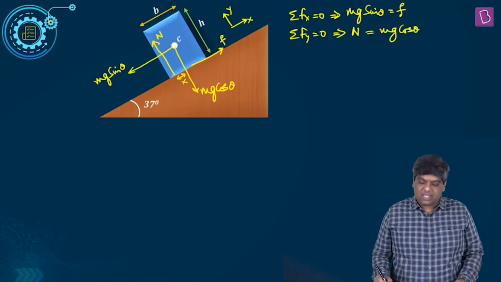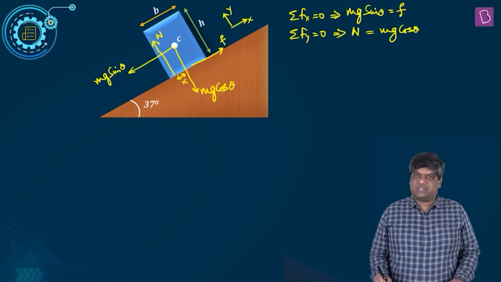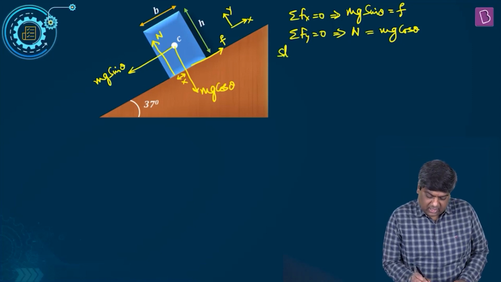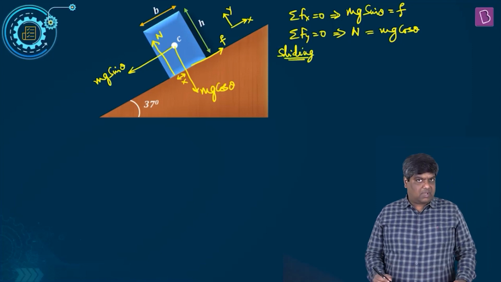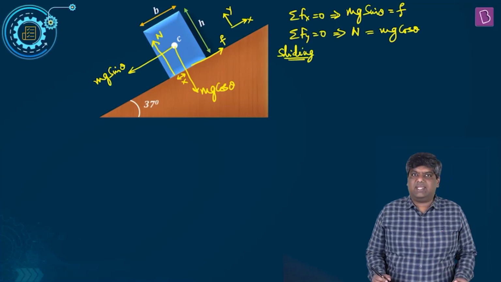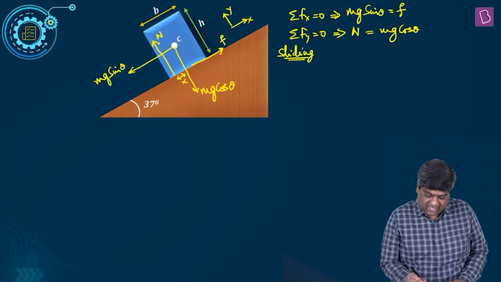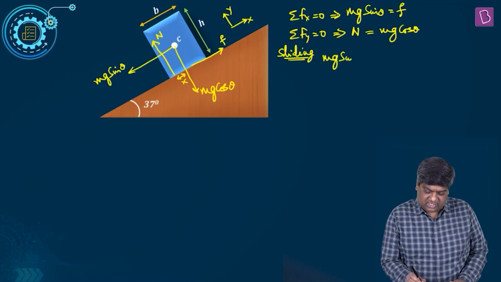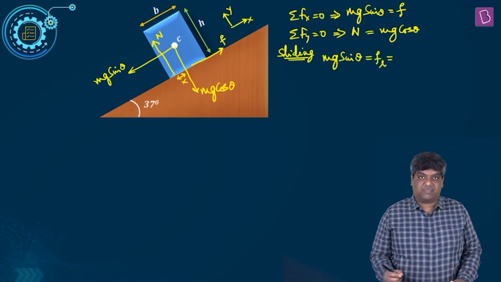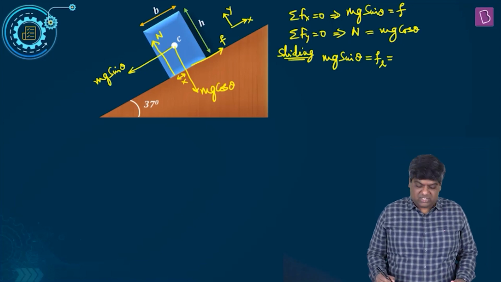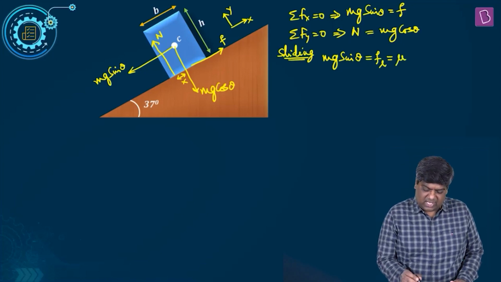Okay. Now, once you do this, when will sliding occur? Well, the block will be just about to slide down the incline when limiting friction is reached. That is, when theta has been increased in such a way that mg sine theta will be equal to F_L, the force of limiting friction, which can be written as mu times N, and N is what?